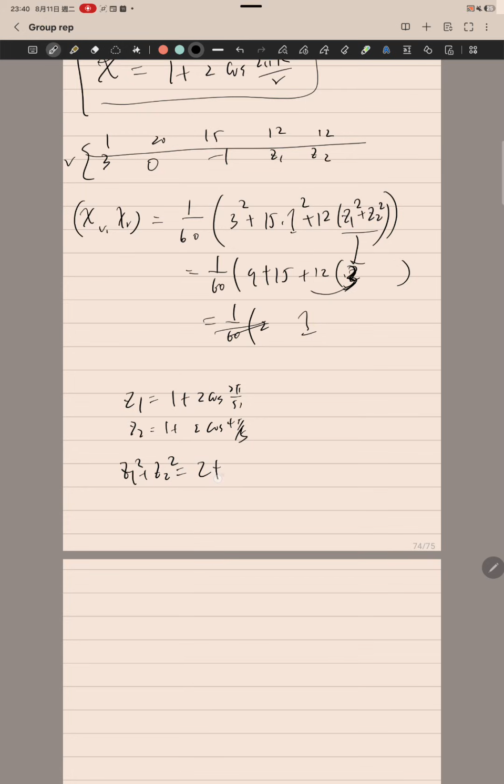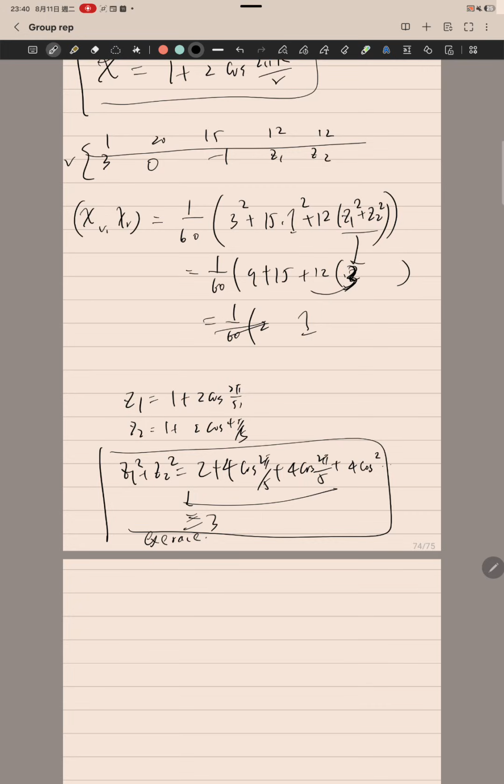You get 2 plus 4 cosine 2 pi divided by 5 plus 4 cosine 4 pi divided by 5 plus the squares of them. This is complicated, but you can check it's 3. So this is an exercise. I believe this can be done very simply, so you can check it.